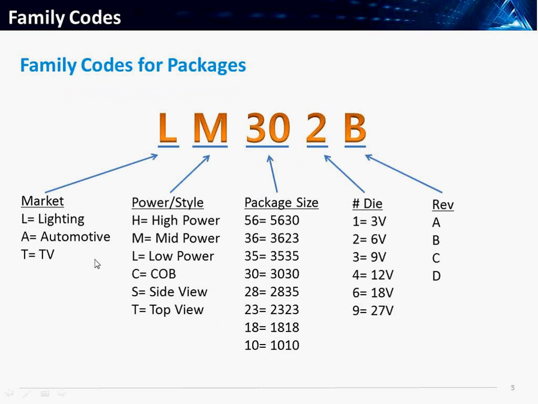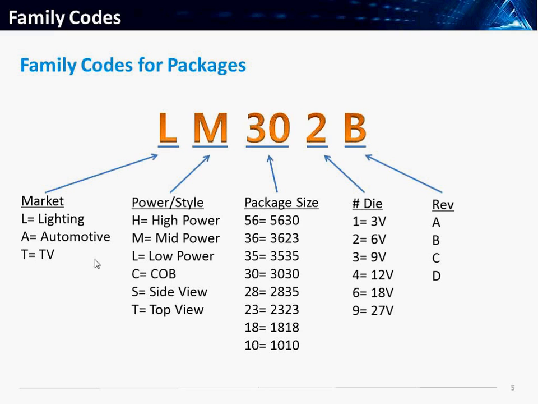So, the letter in the 302B, the L would be either lighting, an A to the T would be TV. Center is the power style, so it could be high power, mid power, low power, C, or top, which would be view or top view.